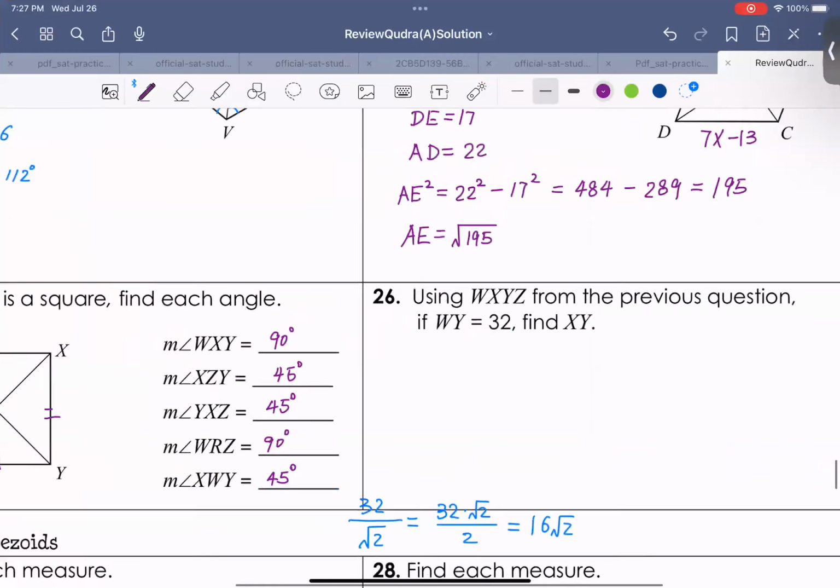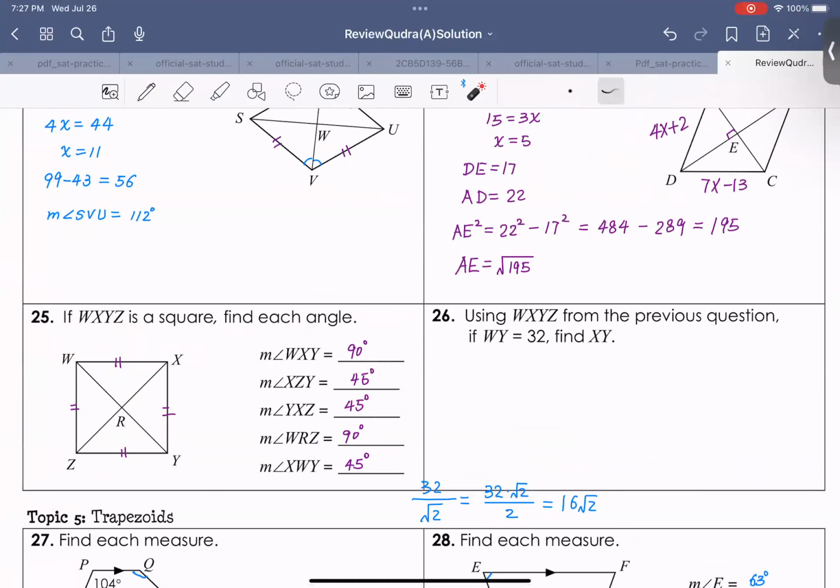Next, using WXYZ, same thing. They told you WY is 32 and they ask you for XY. So you can draw this.